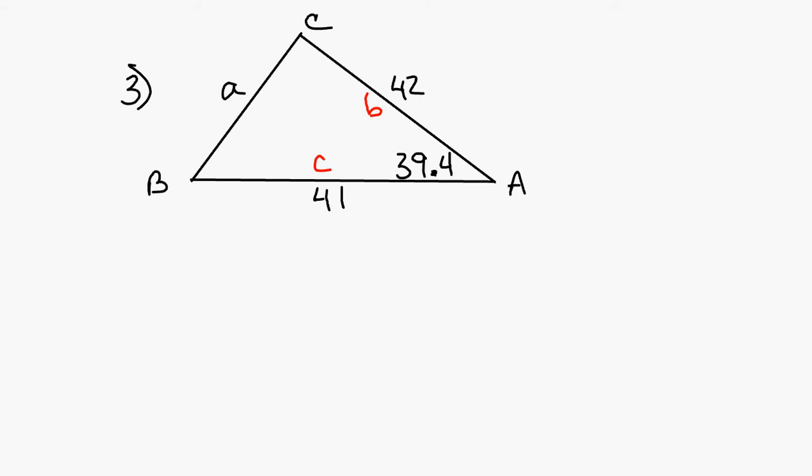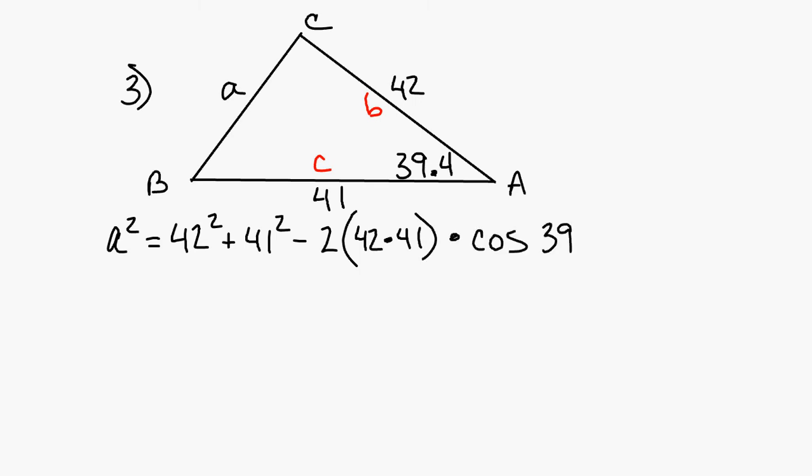And that formula said that a squared is equal to b squared. So that's 42 squared plus c squared, 41 squared, minus 2 times b times c, 42 times 41, times cosine of 39.4.